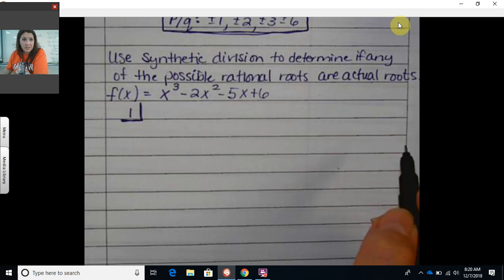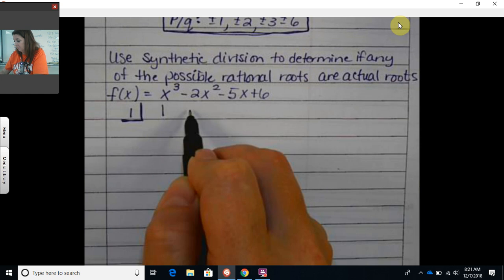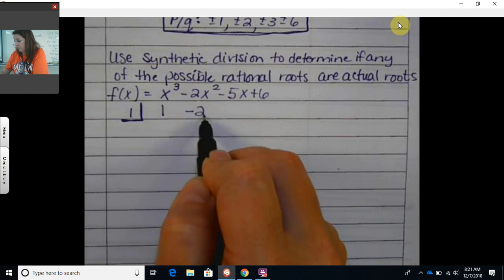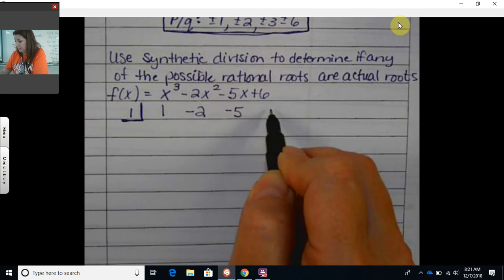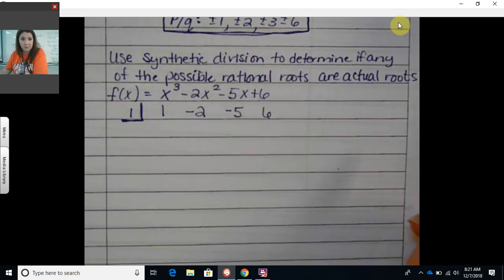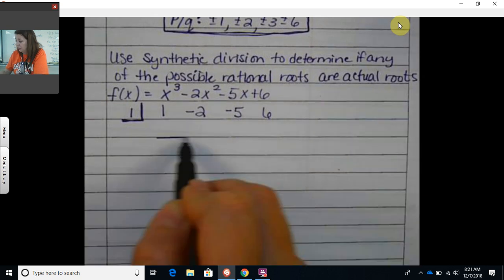Now you just take the coefficient of each term. What's the coefficient of my first term? 1, and then -2, and then -5, and then 6. This is like a shortcut way to long division, okay? You skip a line and you draw a line.